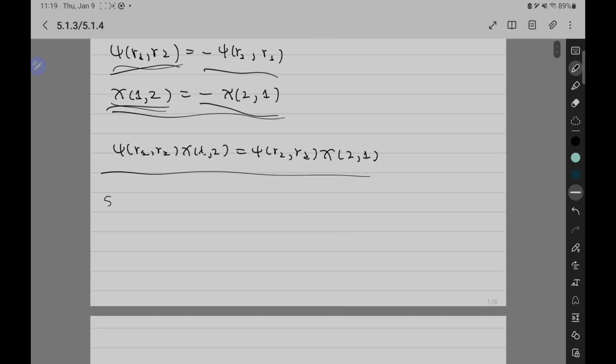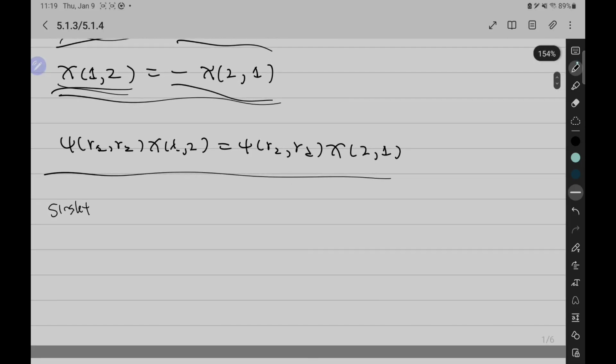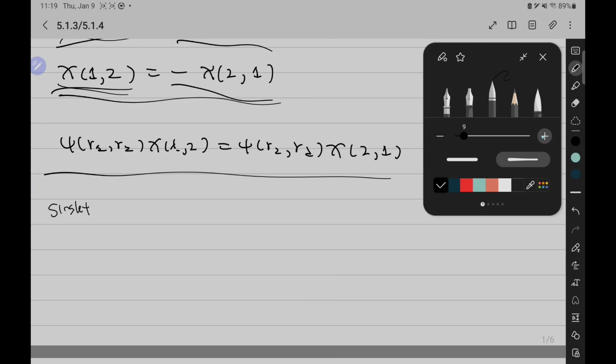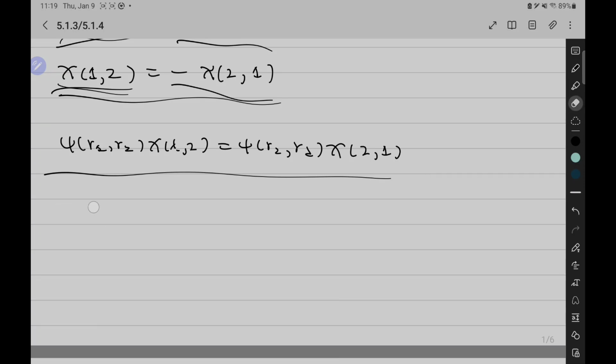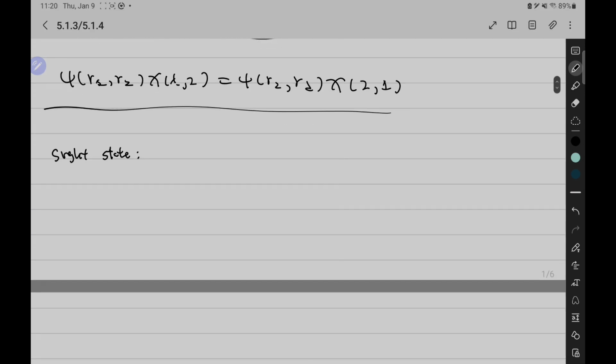The singlet state: chi of 1, 2 is equal to 1 over square root of 2, spin up, spin down, minus spin down, spin up.